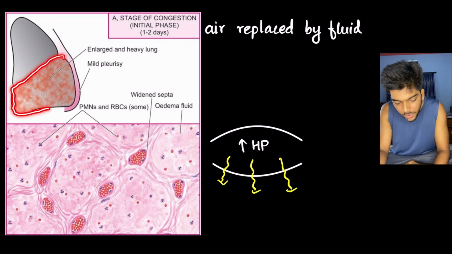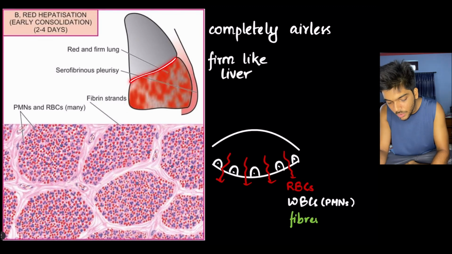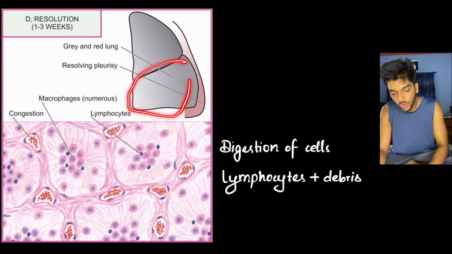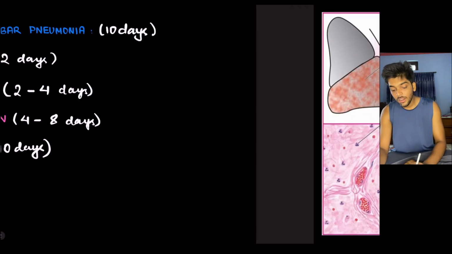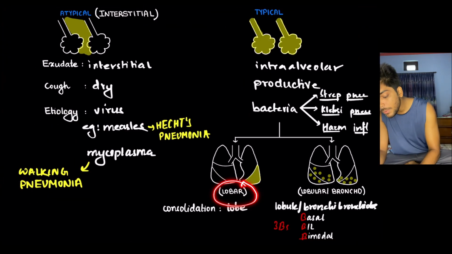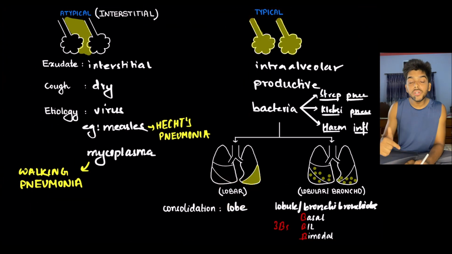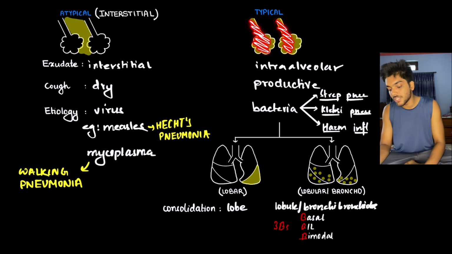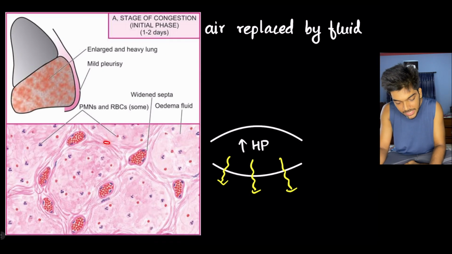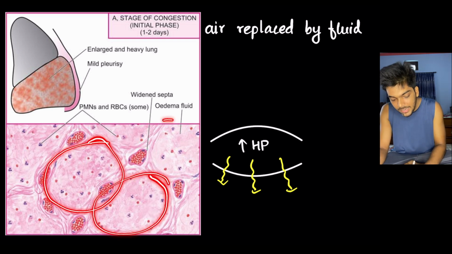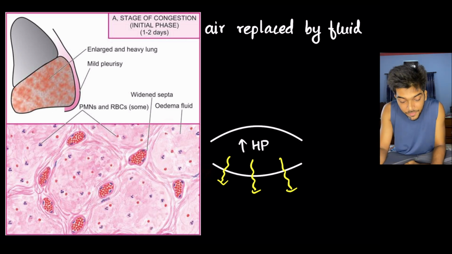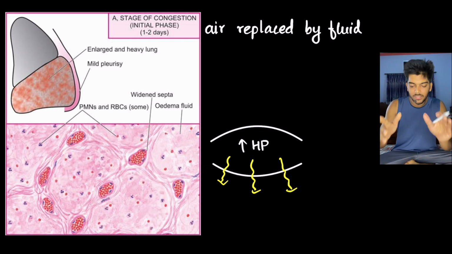Second thing, lobar pneumonia is a typical pneumonia. That means the exudate is present inside the alveoli, in the intra-alveolar space. Here is the alveoli. Inside the alveoli, you are supposed to have air space. But now there is no air space. It is filled with something. What is that something?